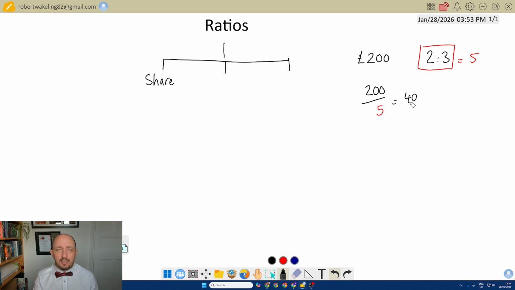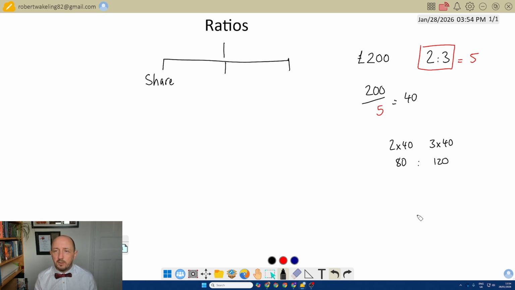Once we understand that process, we can say, right, if I gave you £2 40 times, this first person is going to get 2 times 40, which is £80. And the second person will get £3 40 times, they'll get £120.